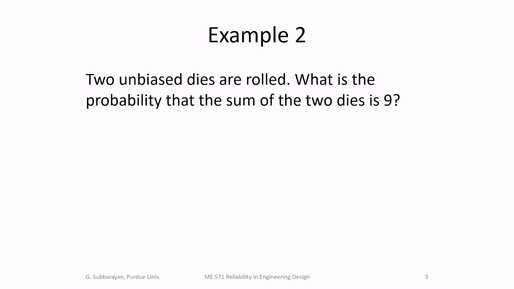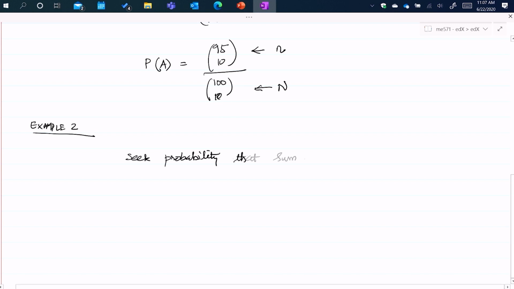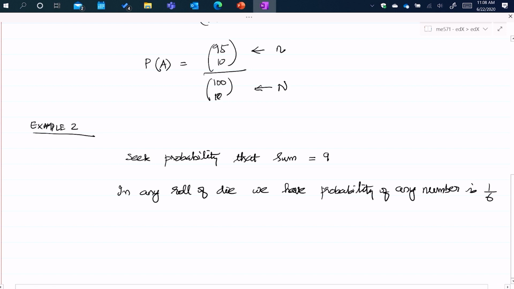And we want the numbers on the 2 dice to sum to 9. So in example 2, what we seek is the probability that the sum is equal to 9. So in any roll of a die, there are 6 possible numbers, and the probability of any number is 1/6.